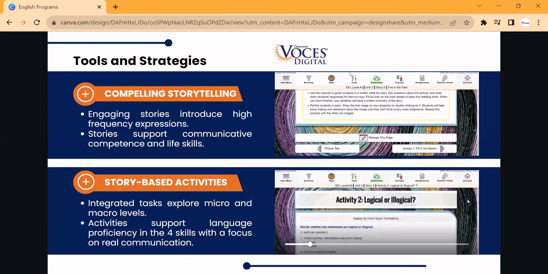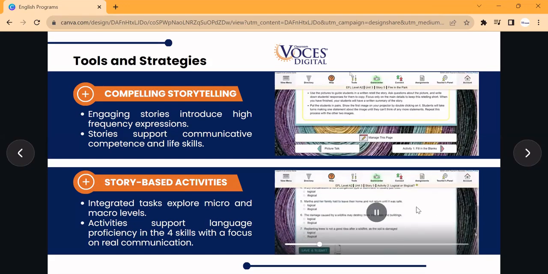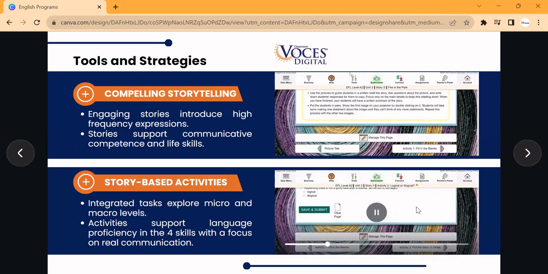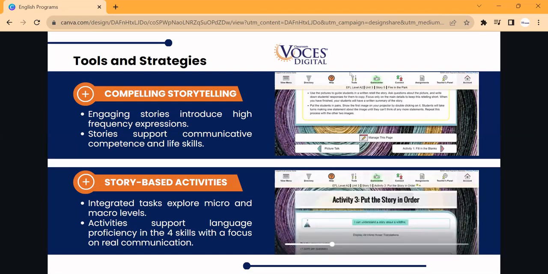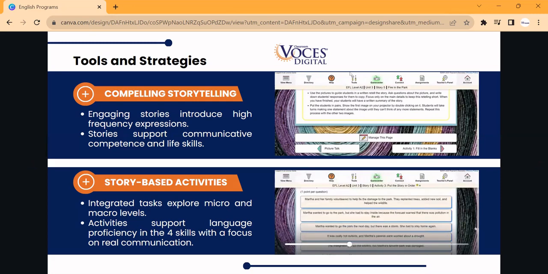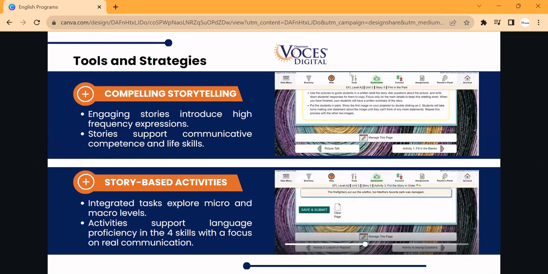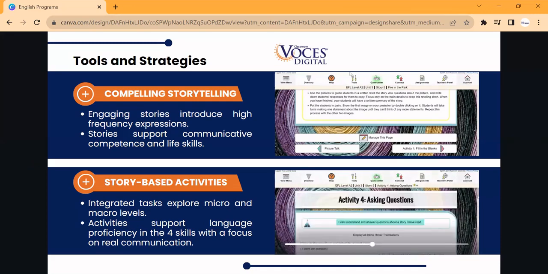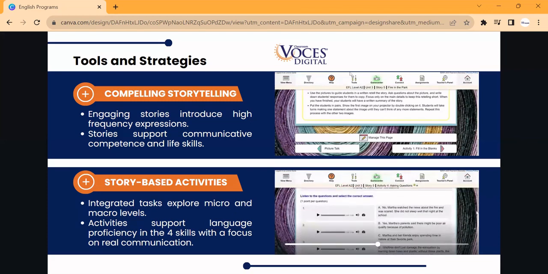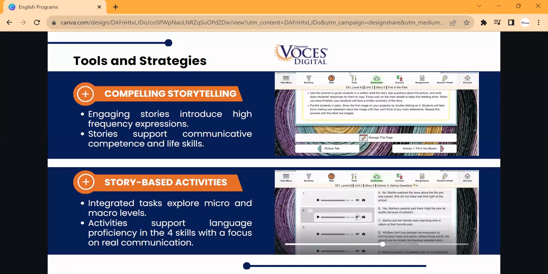But you have others that, for example, in this case, cover logical and illogical. You have the one that is a macro skill, that is how students will organize the different events in the story. This is a drag and drop activity. And then you have story-based questions, but in this case, they are in an integrated way, because you see here a matching activity.